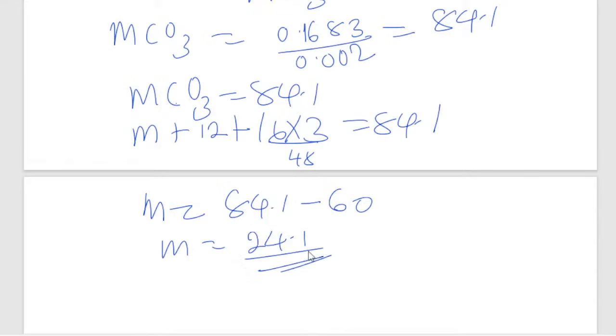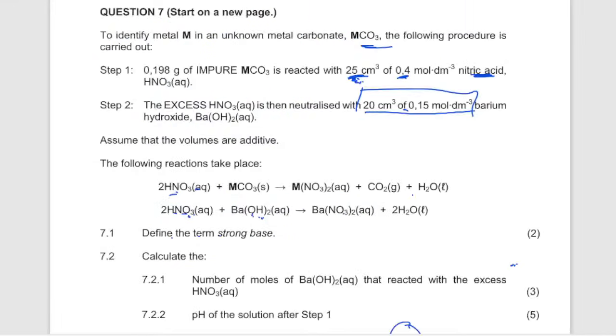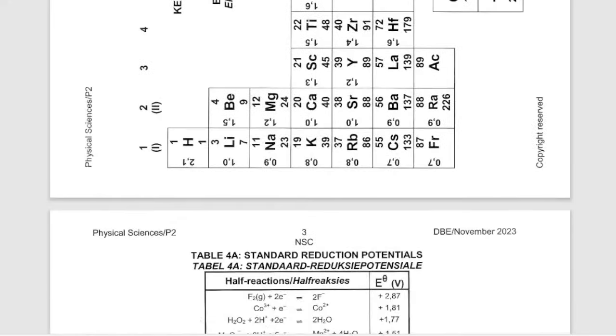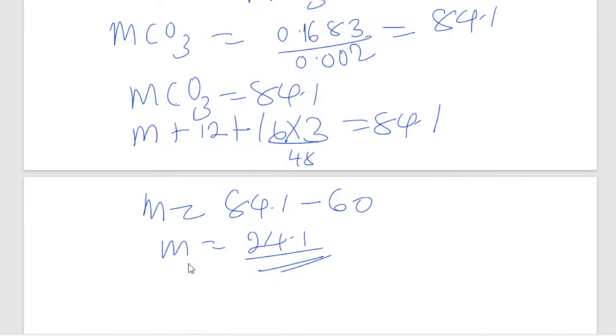So I have to go to the periodic table and find out which element has 24 as the molar mass, which is here, and the answer is magnesium. So M is equal to magnesium.